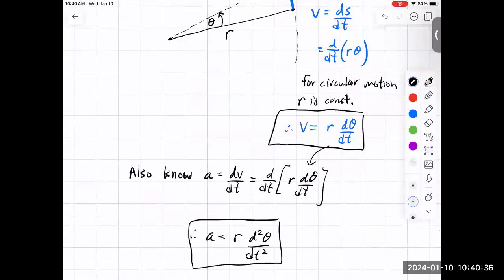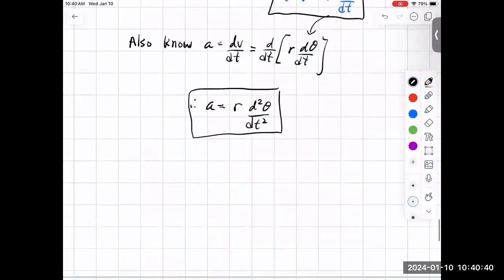Okay, so if we summarize all of this stuff, I want to compare linear motion and circular motion.